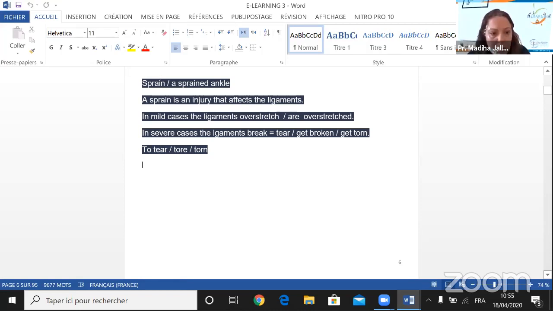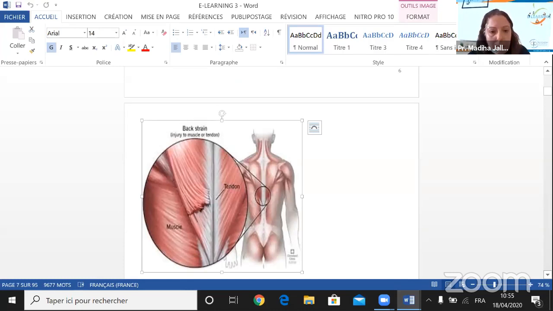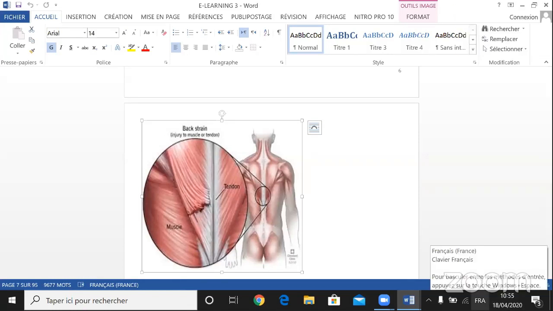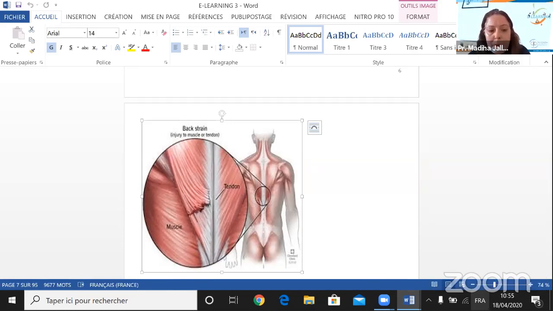Okay, next problem. Here, no ligaments, but the problem is with the muscles, with the bundles of muscle fibers. What can happen to the bundles of muscle fibers? We can use the same words as we use with the ligaments.